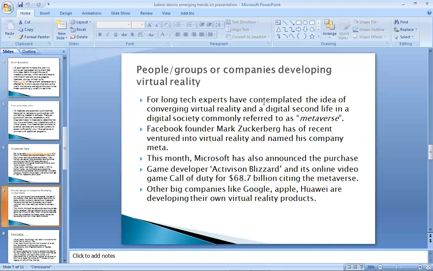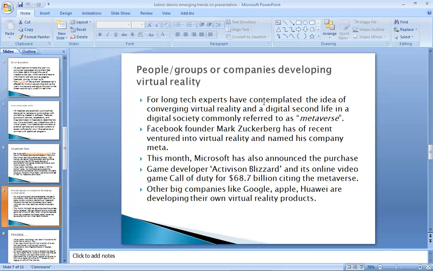A living person in the real world creates a persona, or what we call an avatar in video games, a person in a video game or software that represents you. For long, people have contemplated having that person inside there, but you are living like a second life. So that is one of the trends that are going to take over this virtual reality technology.